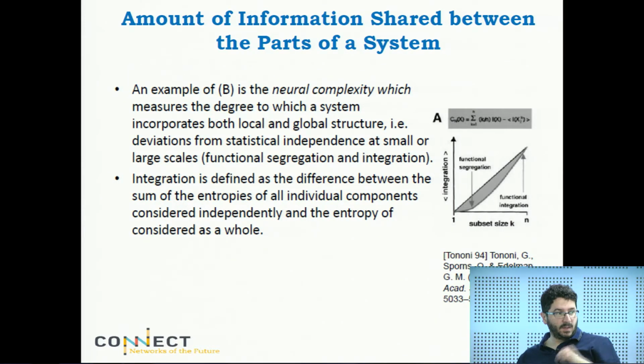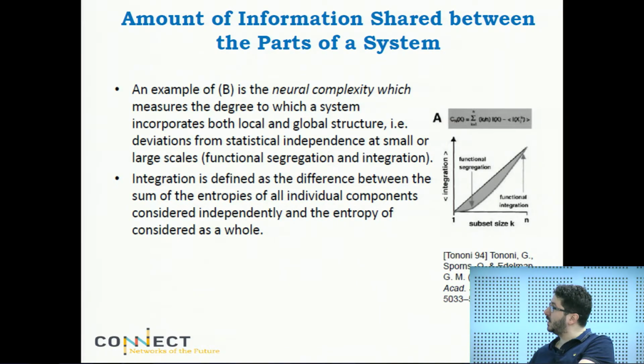So the second bit of this degree of organization complexity, as we said, is the amount of information shared between parts of a system. An example of this is something used in brain science. It's called neural complexity. Essentially it measures the degree to which a system has both some local and some global structures. So it's again this emergence, connecting the 2 in between.